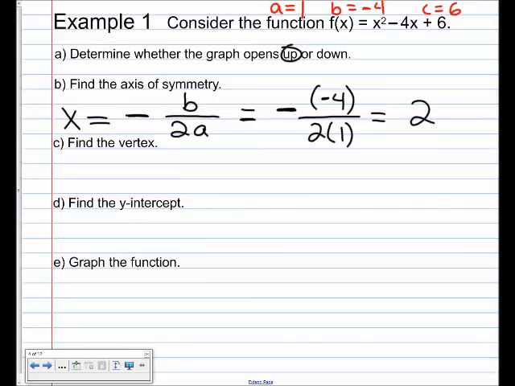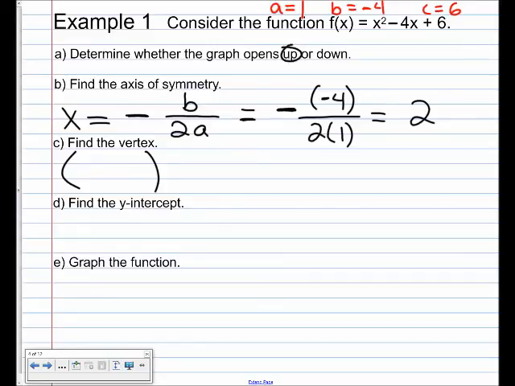There's 2 of them. That's an even number. It will be positive. If you count and there's an odd number, it will be negative. All right? Odd number? Negative.